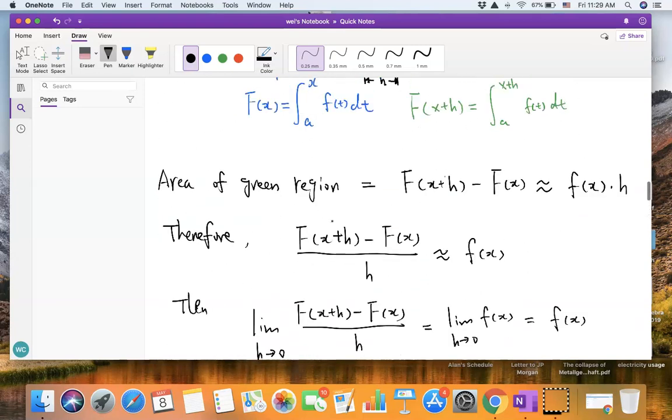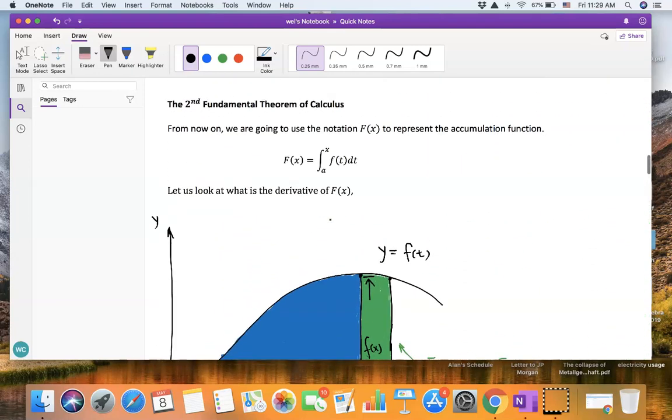So the second fundamental theorem of calculus shows us how an accumulation function is related to the function f. Their relationship is that the derivative of this accumulation function will be equal to this function f with the x plugged in.